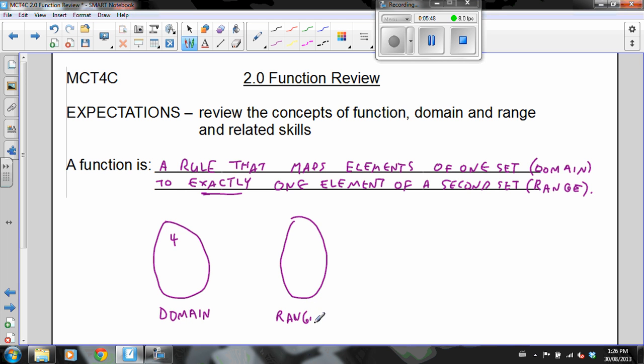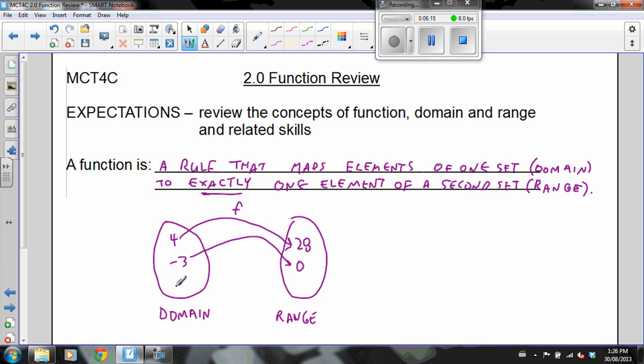The idea is that the rule maps this to exactly one element of this set. There are not two branches going off, it's only one. And this is the rule f that changes 4 into 28. This is a function. We also saw from the 3-minute review that -3 became 0.